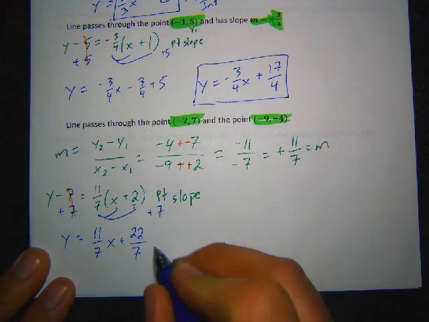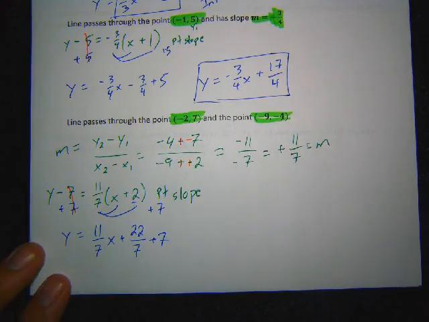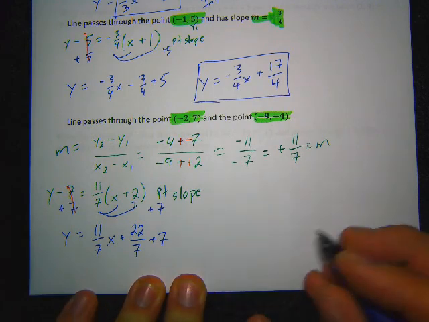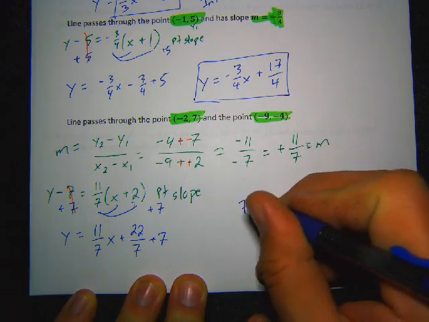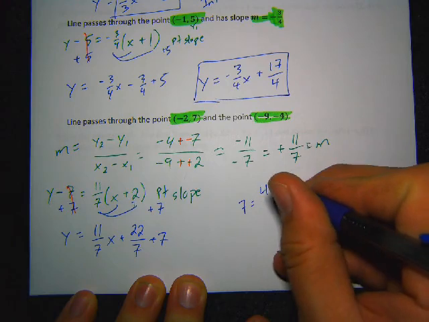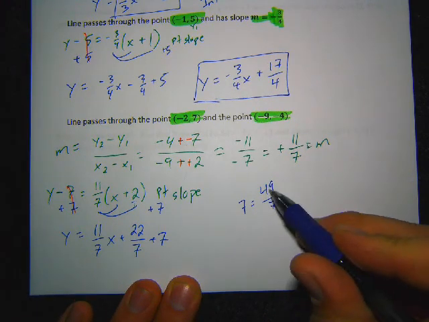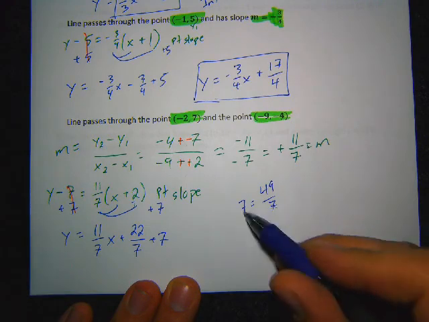And then don't forget there's still plus 7 we haven't done yet. So to finish this off, I need to add the 7. Again, you can type in your calculator, or if you like to do your own fractions, you can remember that 7 is the same as 49/7, because 7 times 7 is 49. If you divide, you get 7.